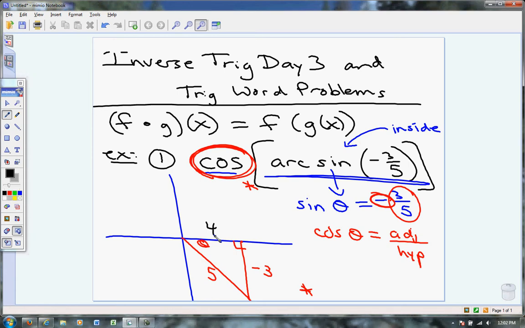So we're actually done. The cosine of theta is equal to the adjacent side over the hypotenuse, 4 over 5. And that's my answer. It is a positive 4 over 5 because both of those values were positive. So you just start inside and then work outside. All right, let's do another one.